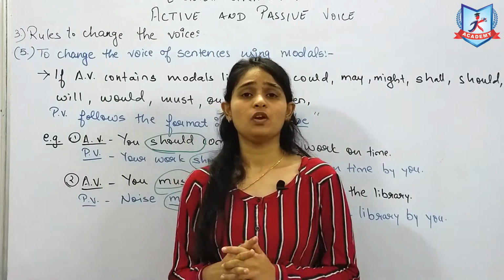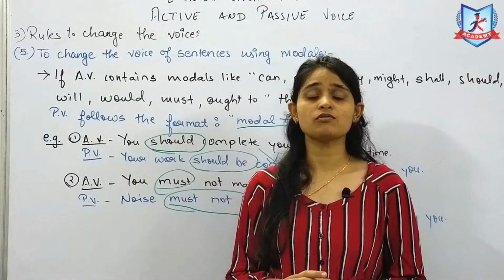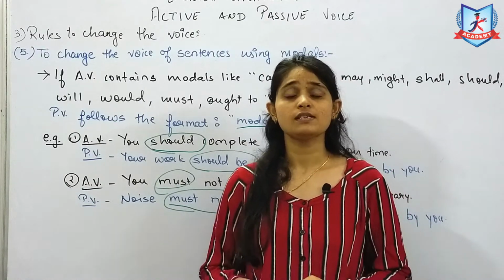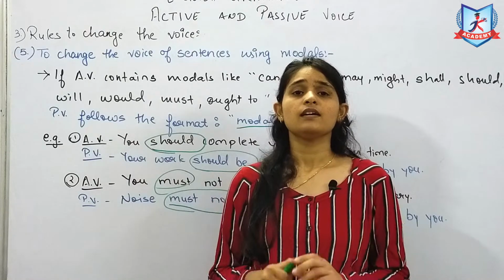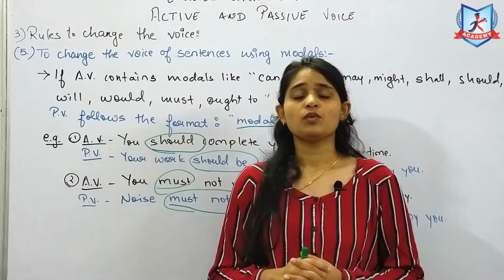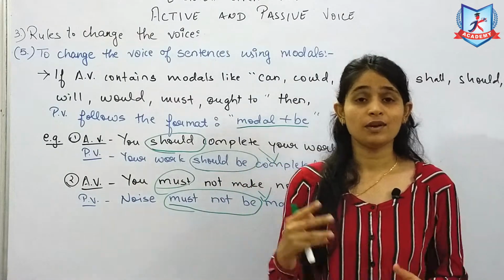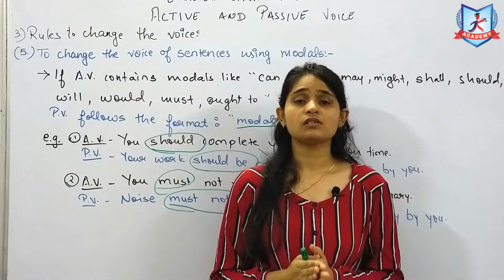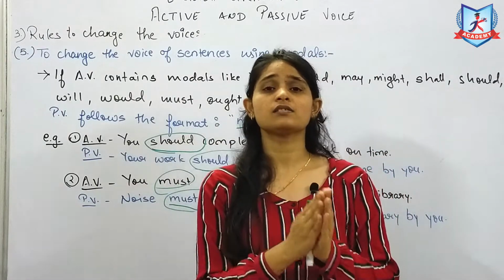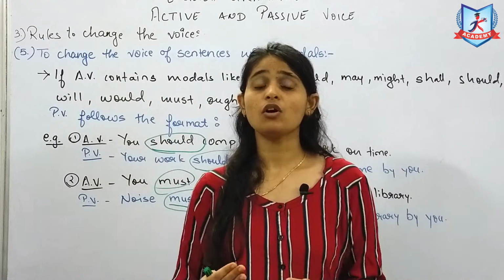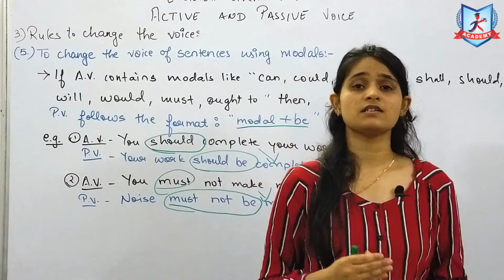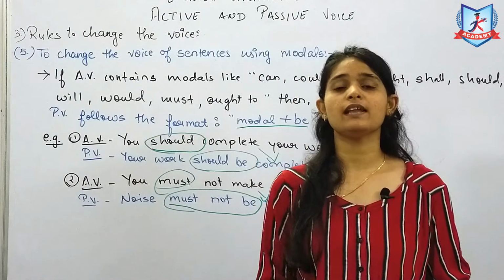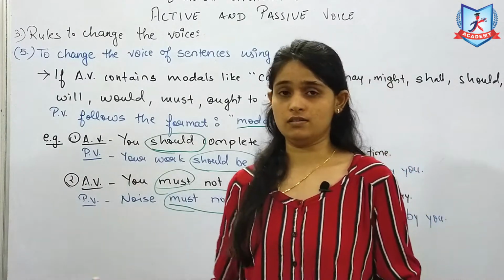Now we have discussed 5 rules so far in order to change the voice of different kinds of sentences, right? Active aur passive voice ka basic meaning agar hum revise karein toh yahi hota hai that it shows whether someone is doing the action or simply that the action is being done. If it is the active, we try to say that someone is doing the action.